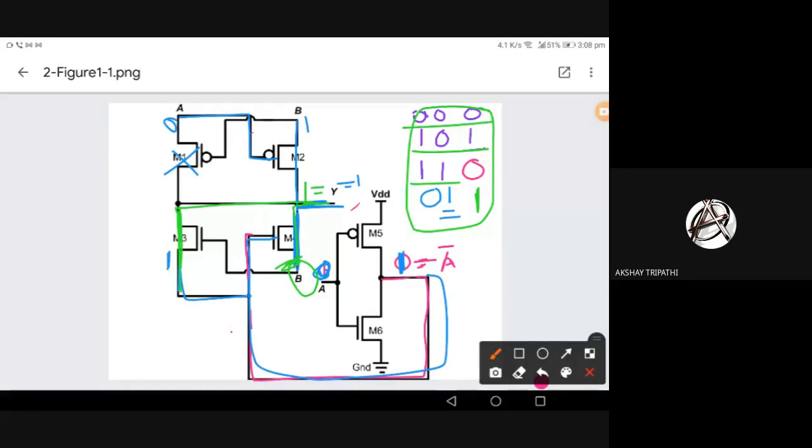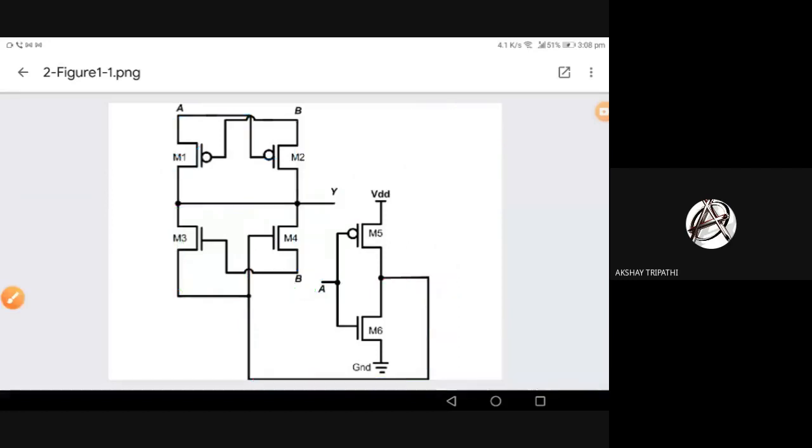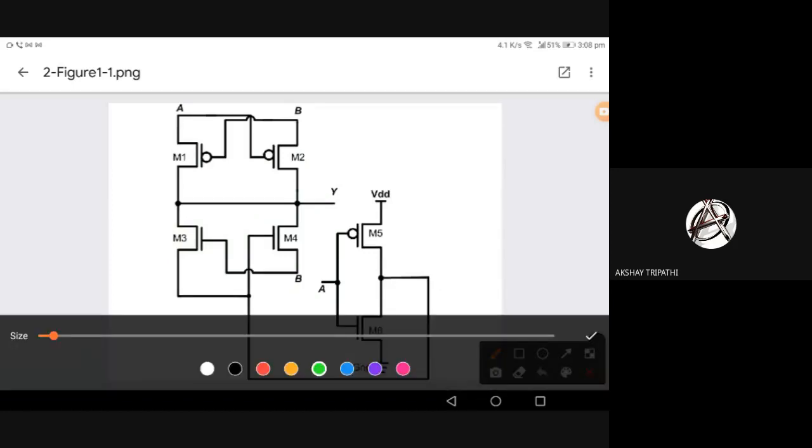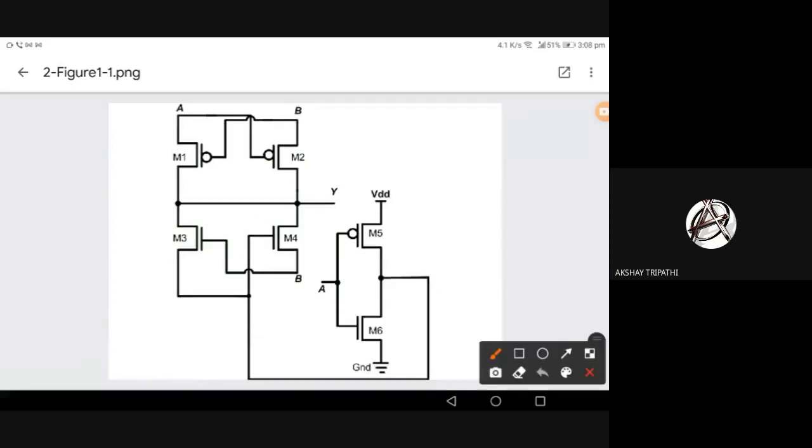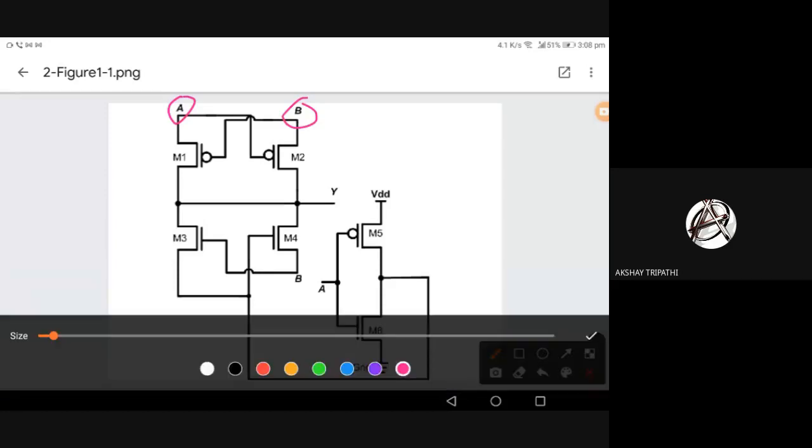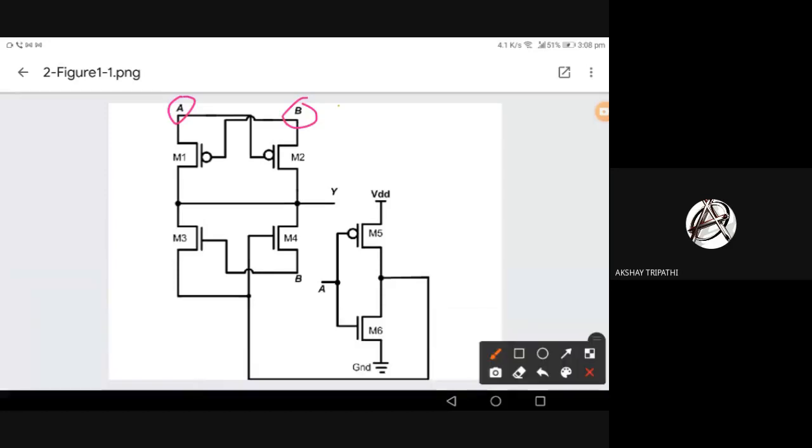Fine. Although, if you know this is a perfect design, this can be analyzed much more easily. You just focus on the top. You can see these two things, A and B. Just analyzing the top part of the circuit, you can understand what the output value is.